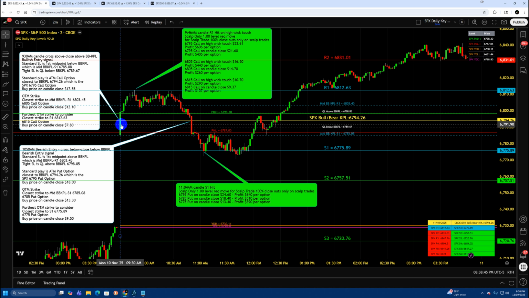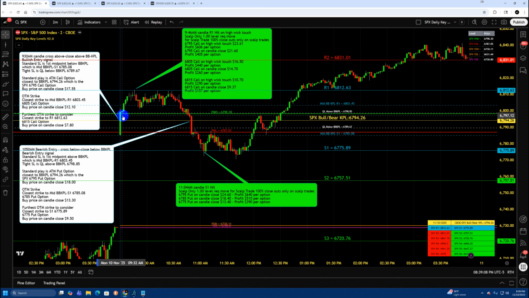The most important entry signal for a bullish trade off the bull bear KPL is that this candle closed above the bull bear KPL within the acceptable range. So if you're inclined to take the 9:30 a.m. candle trade, this is your bullish entry signal.